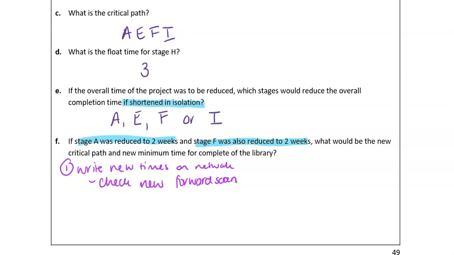Option 2 is to use the table method, which means you have to find all of the paths and then reduce both A and F by 2. In this case, I think it's much quicker to do it straight onto the graph with option 1. So that's what I'm going to do.